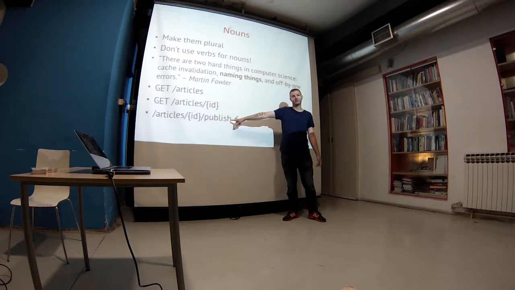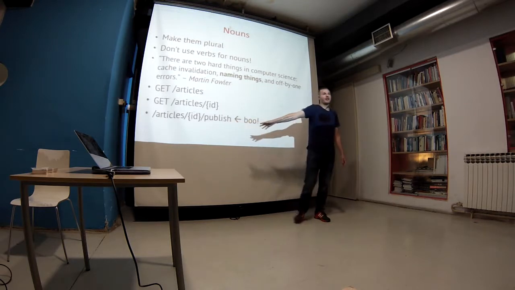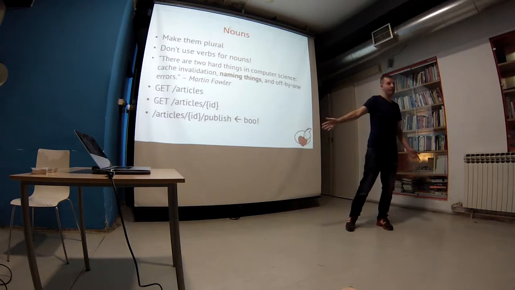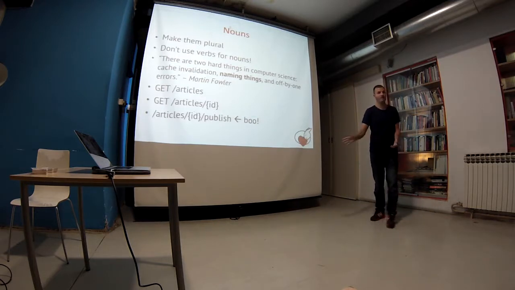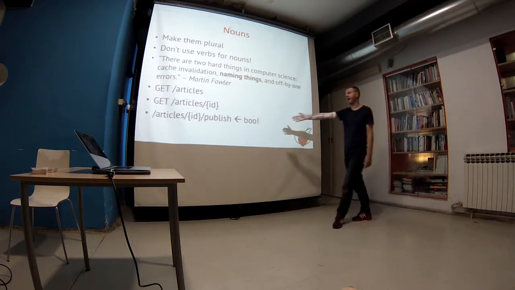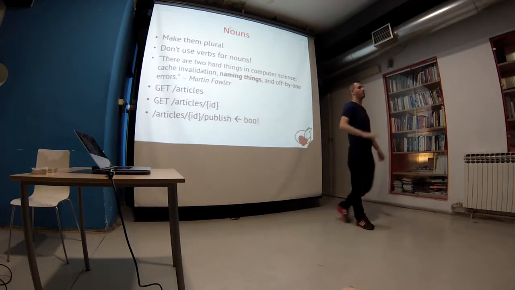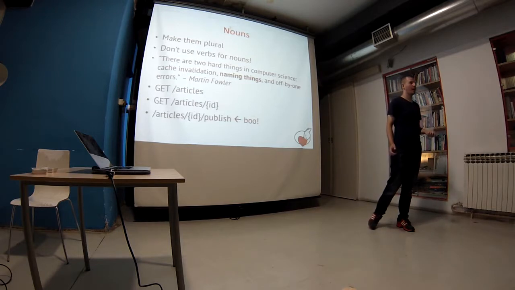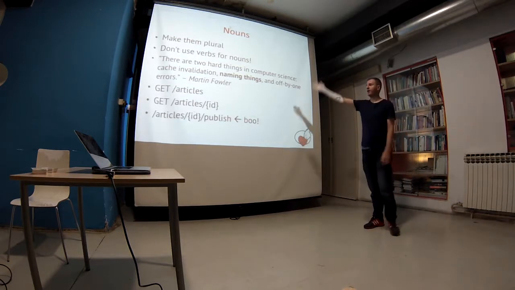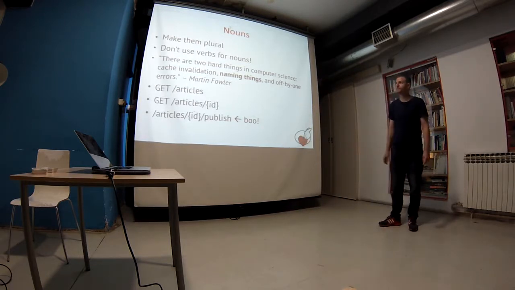What if you get this? What happens? Is that valid? Well, get is a safe HTTP verb. So in theory, nothing should happen if you get this. But you would expect, if you're making a call there, that publish is actually changing something on the back end. So that's why you don't want verbs inside your URLs.